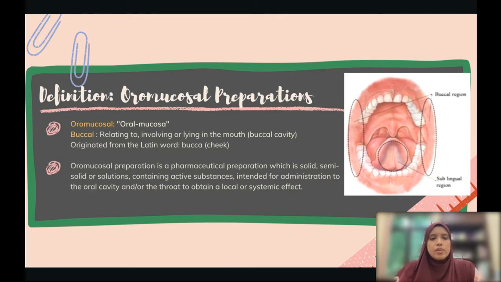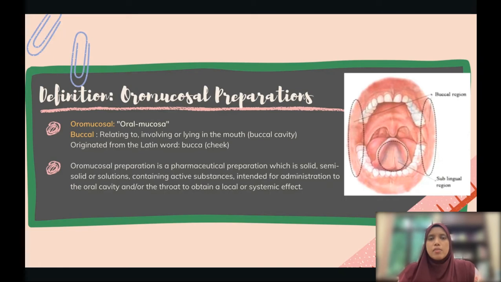Thus, an oromucosal preparation is a pharmaceutical preparation which is solid, semi-solid or solution, but in this particular lecture, we will focus on solutions only. This preparation should contain active substances intended for administration to the oral cavity and/or the throat, to obtain a local or systemic effect.